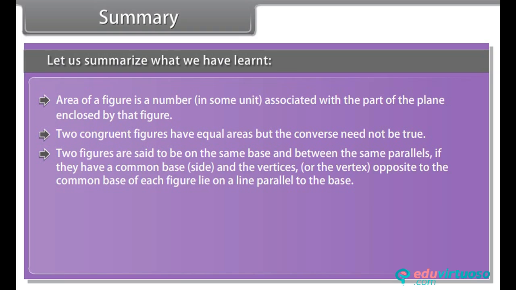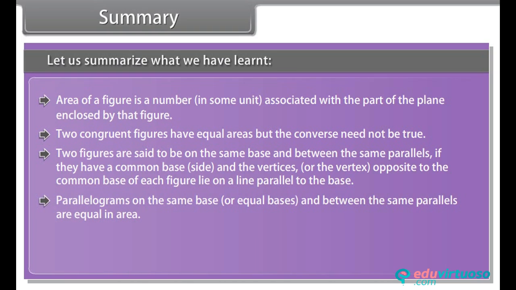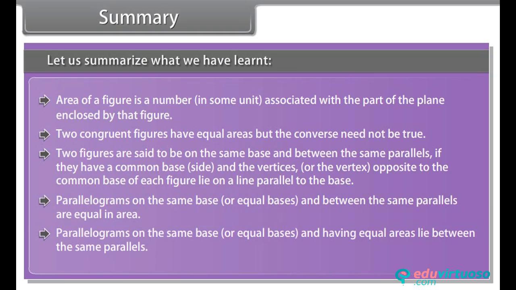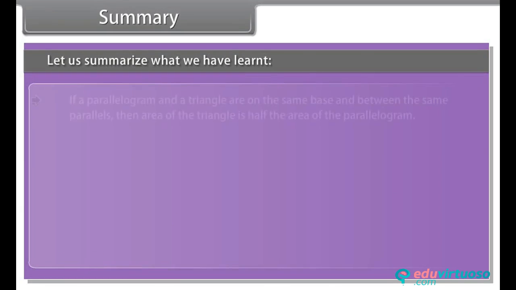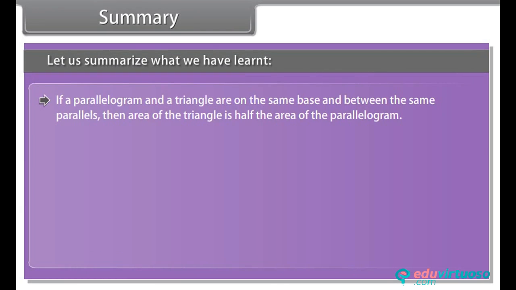parallel to the base. Parallelograms on the same base or equal bases and between the same parallels are equal in area. Parallelograms on the same base or equal bases and having equal areas lie between the same parallels. If a parallelogram and a triangle are on the same base and between the same parallels, then area of the triangle is half the area of the parallelogram.